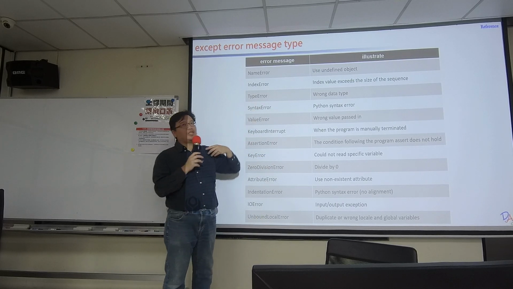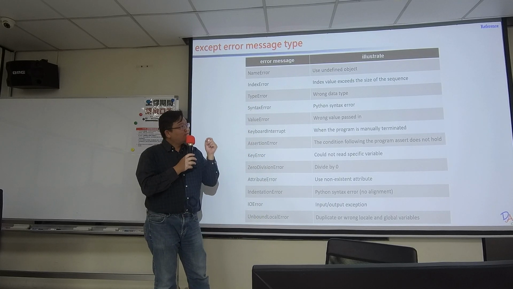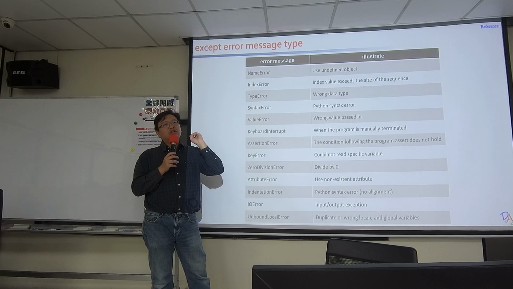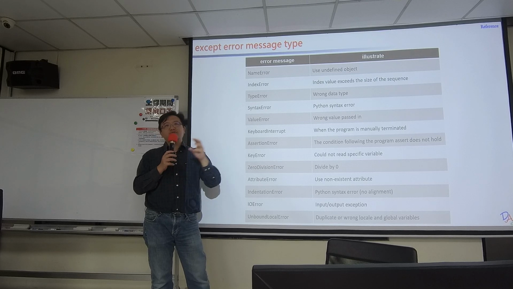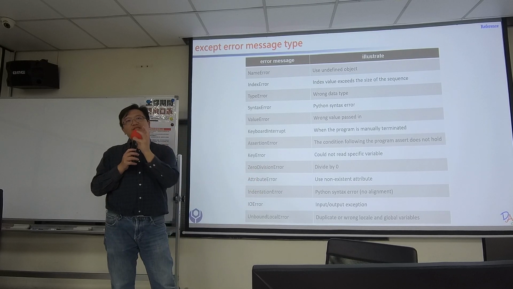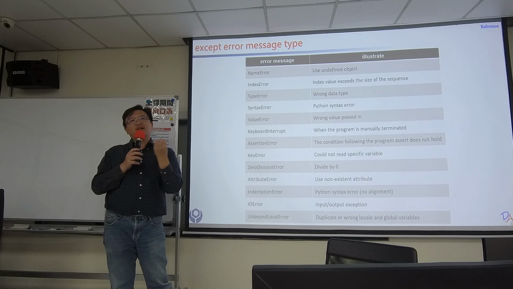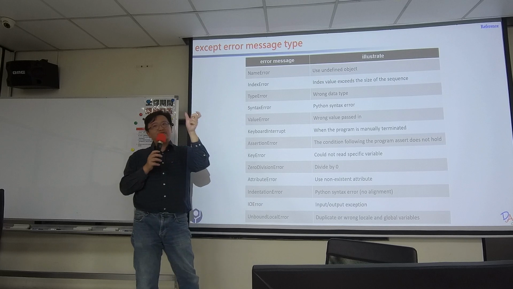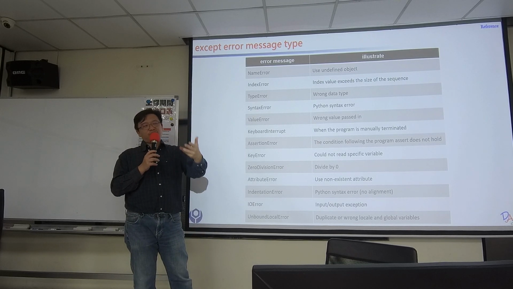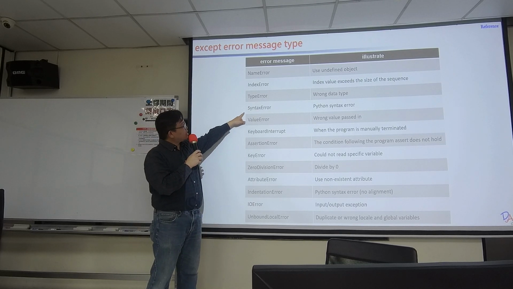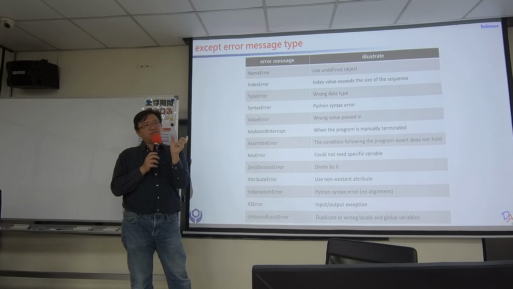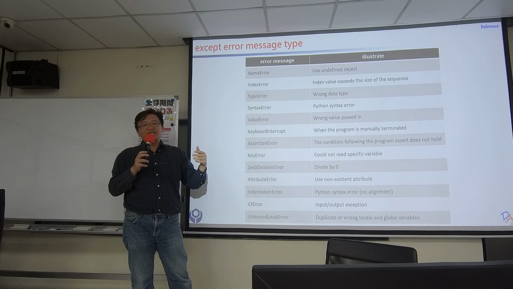Type error, usually wrong variable type. For example, earlier we tried to convert the string into a number. However, a character cannot be converted into a number, so the type of data is having mistakes. Syntax error, usually it's about how you program a line, and maybe a line was not written in the right syntax.